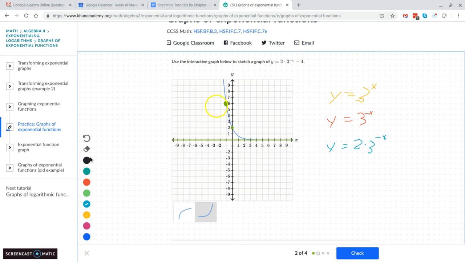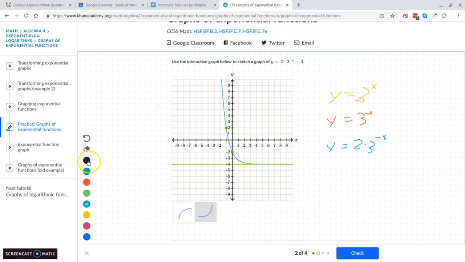I wonder if I can draw on here. Can I draw? No, I can't draw on the graph, but what I want to show is that the asymptote comes down to -4, right? 2 comes down to -2, and 6 comes down to 2. Okay, the asymptote and the 2 points have come down 4 units.